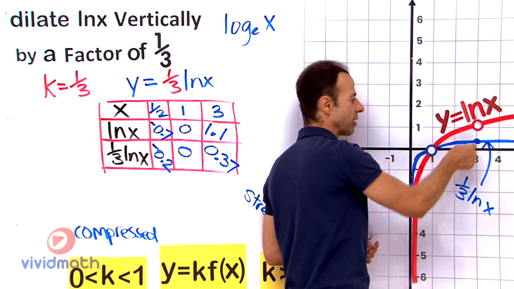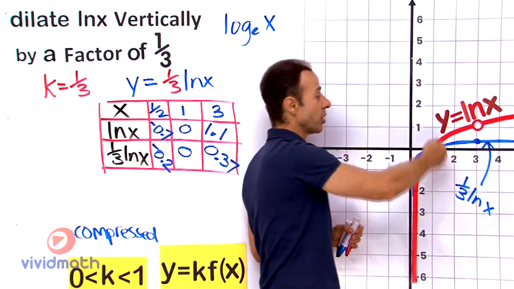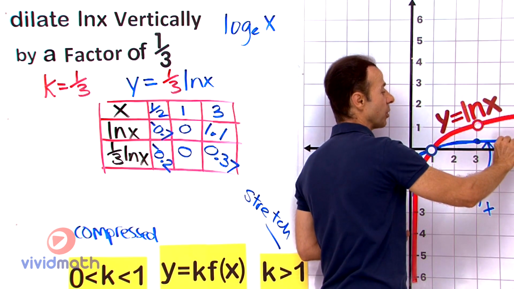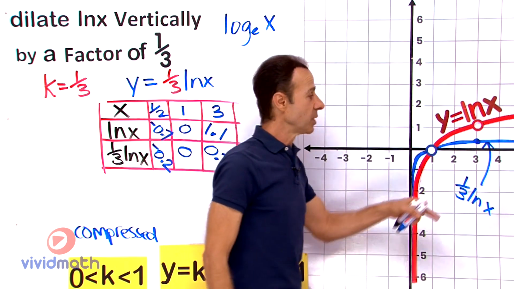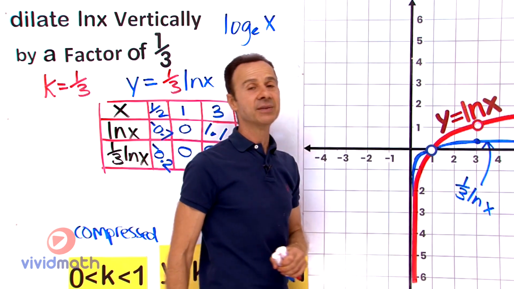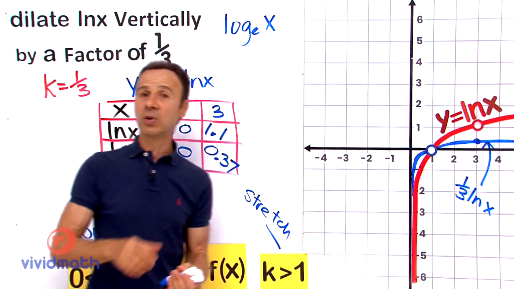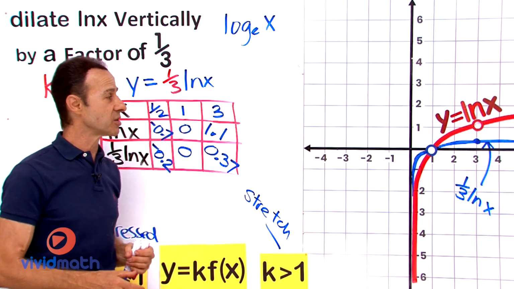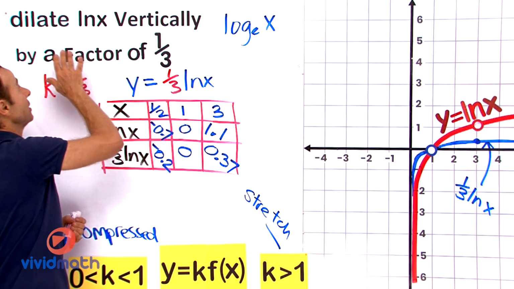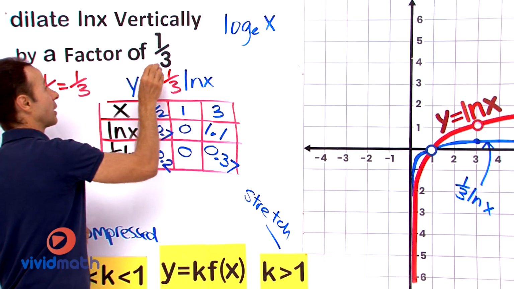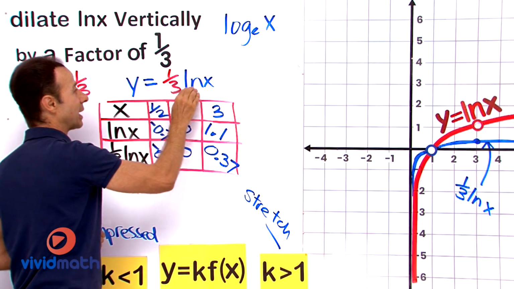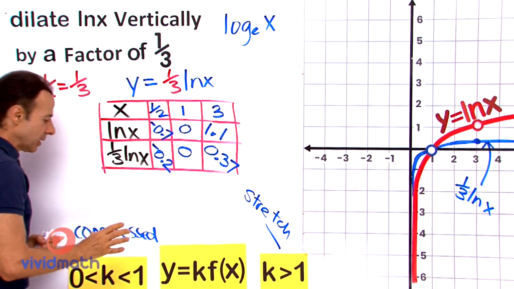No matter where you draw a vertical line, this will always be 1/3 of the total distance between the horizontal axis and ln x. So that's another good rule of thumb to recognize when you're drawing these. So again, if I dilate ln x vertically by a factor of 1/3, it will equal 1/3 ln x and it will be compressed.